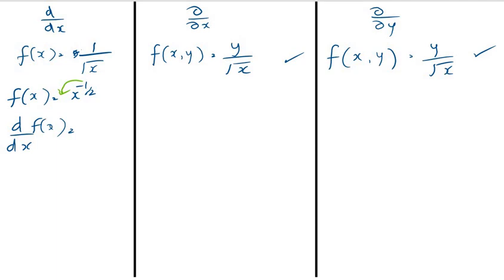So we multiply the function by the power, which is minus half, and x to the power minus half minus 1, that's minus 3 over 2. So we have minus 1 over 2 and x to the power minus 3 over 2. That's minus half over x to the power 3 over 2.